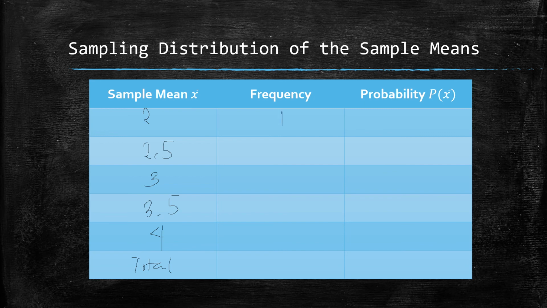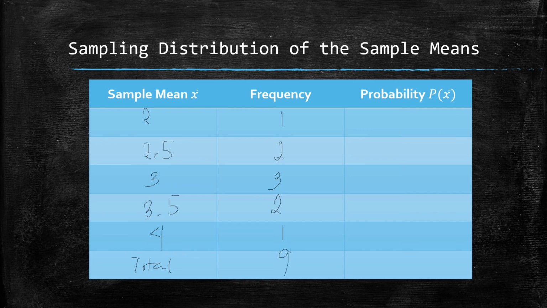Once only. You can check the table later. 2.5 appeared twice, so you write 2. 3 appeared 3 times, and 3.5 there are 2, and 4 there's only 1. So what is the total frequency? This is the number of all possible samples. So there are 9.